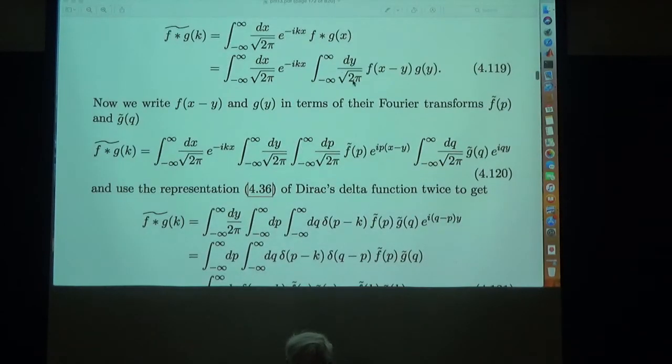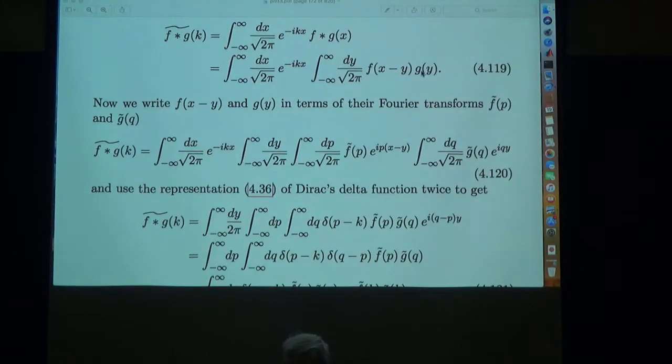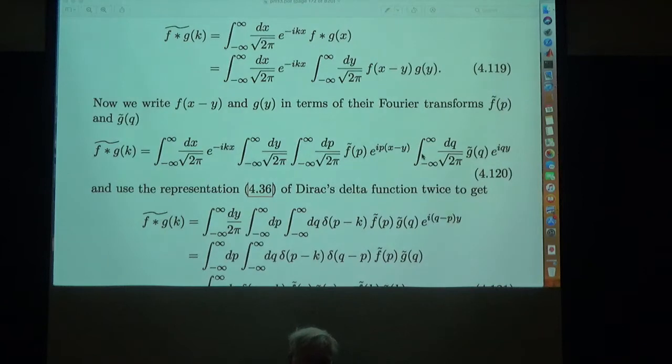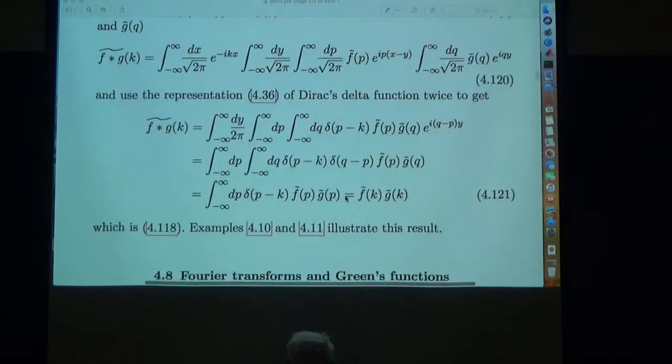What is it? Well, you rewrite the convolution this way, and now you write f and g as their Fourier transforms, and you have this thing that's a quartic integral, and of course without Dirac's delta function we'd be totally baffled as to what that could possibly mean, but with his delta function it collapses into this and then that and then this, and bingo, it's the result.